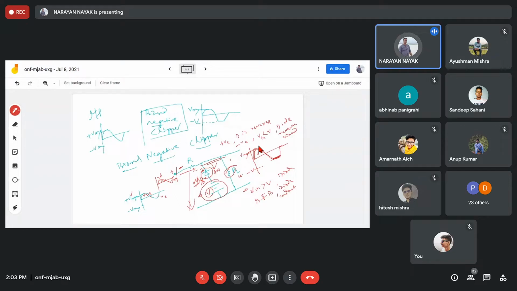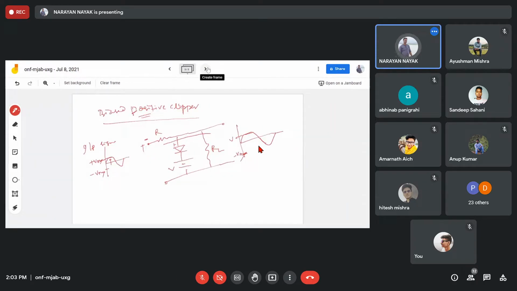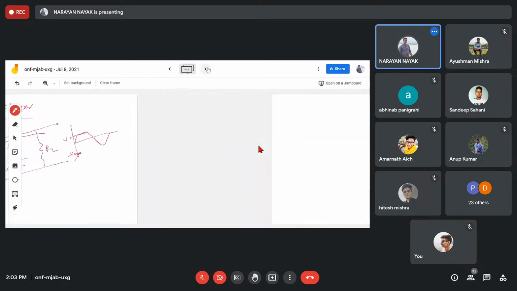Now, basically, where are you using this? Suppose you have used, let us say, a combination of clipper circuits. Combination of clipper circuits means, let us say, these two circuits you combine. Now how will it be? What type of output will you get? Anyone?